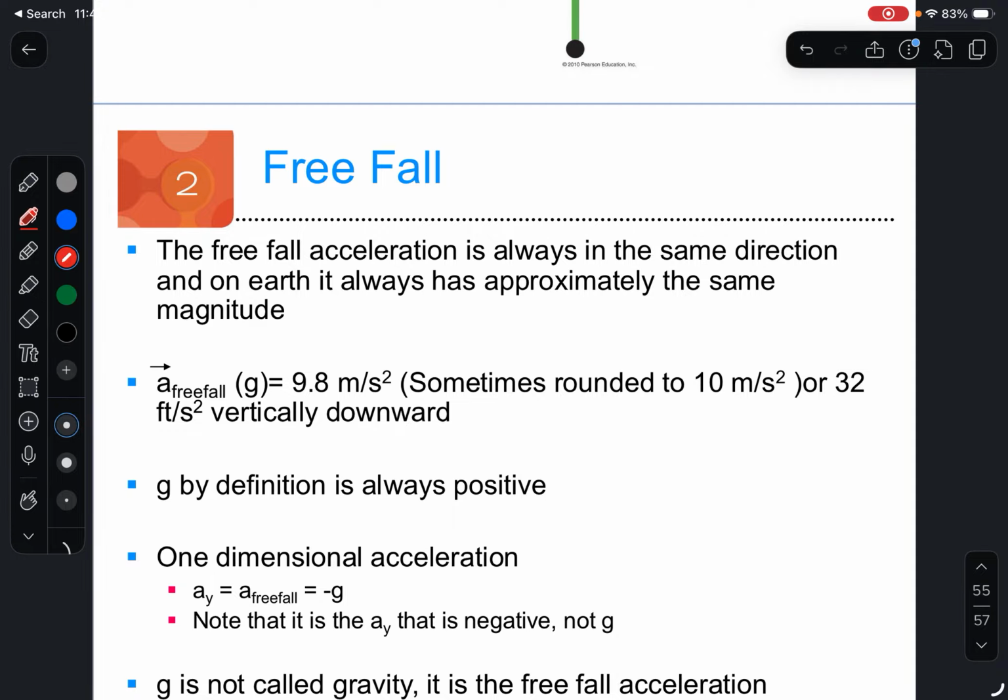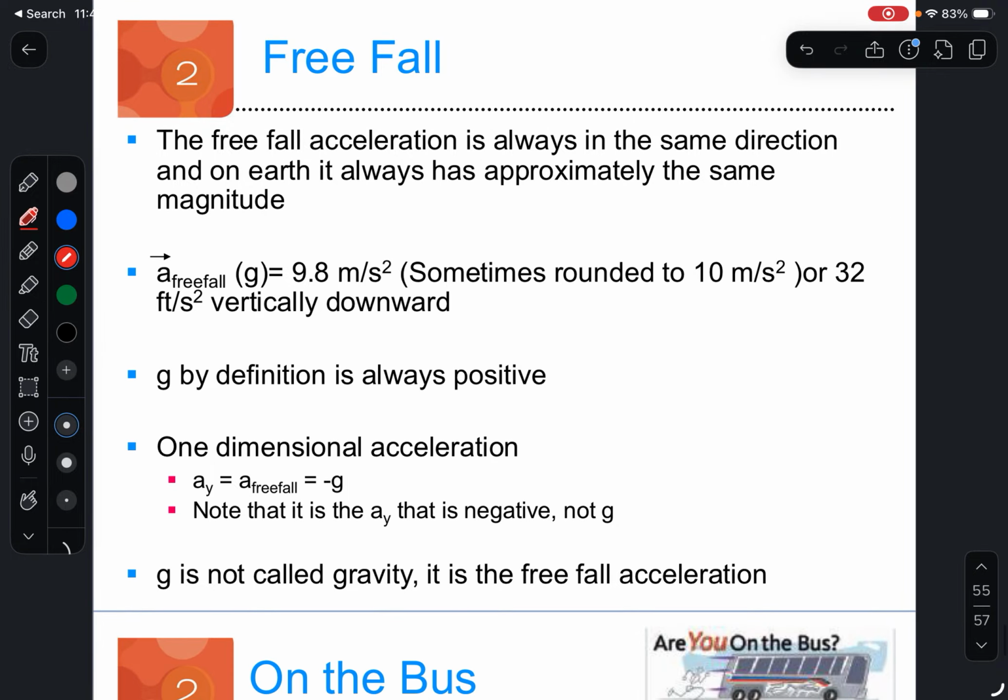But when we look at one-dimensional acceleration, a_y equals a of free fall, and that equals negative g. So it's the a_y that's negative, not g. g is not called gravity, it's free fall acceleration.